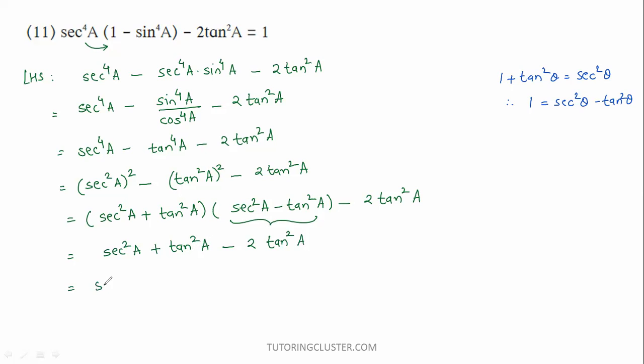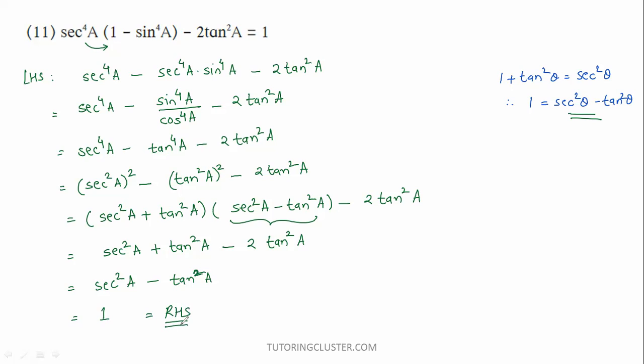So this is nothing but sec square a minus, if you do the basic algebra, tan square a, which is nothing but, check here. Sec square theta minus tan square theta is equal to 1, or sec square a minus tan square a will be equal to 1, which is nothing but your RHS.